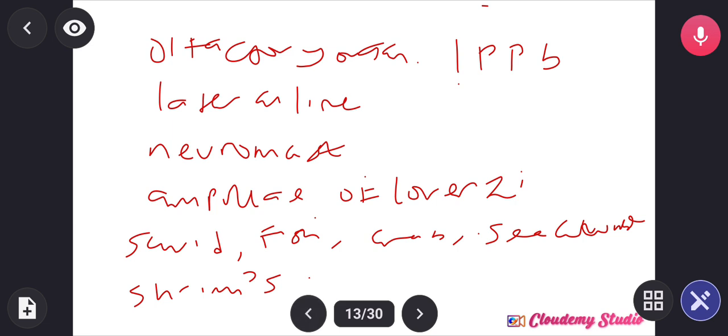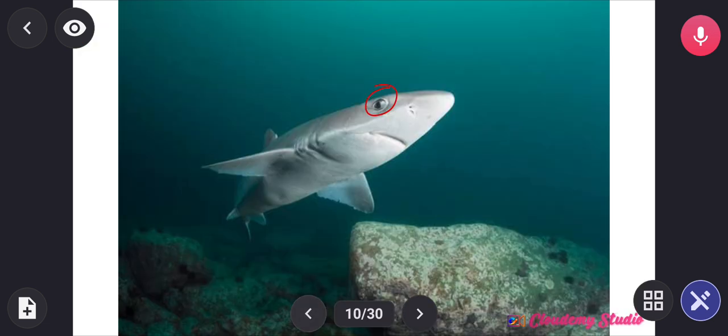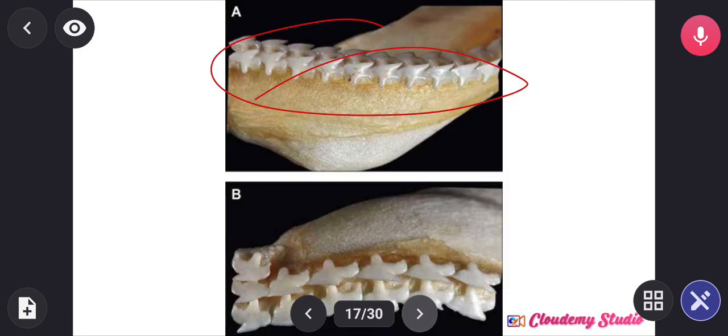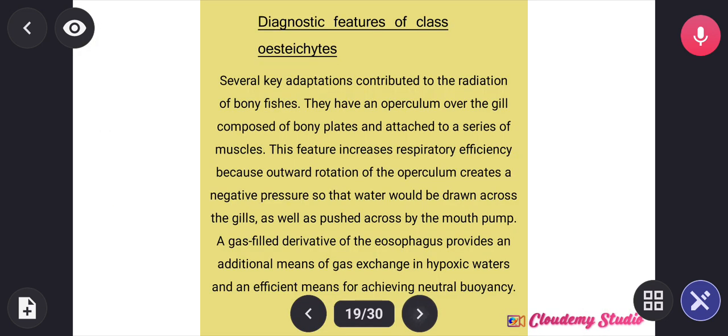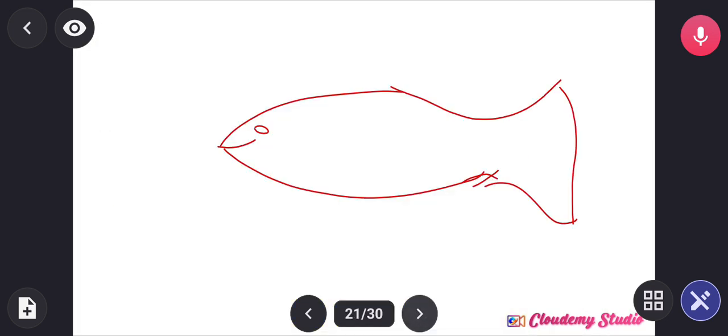The exoskeleton is made up of placoid scales in Chondrichthyes, but the exoskeleton of Osteichthyes is made up of cycloid scales. The mouth of the fish is ventrally positioned in the shark, but the mouth opening of the bony fish is anterior. It is at the front, like this one that you are seeing here.